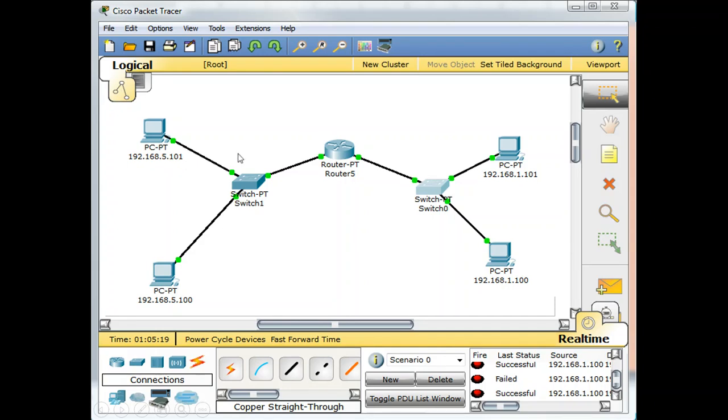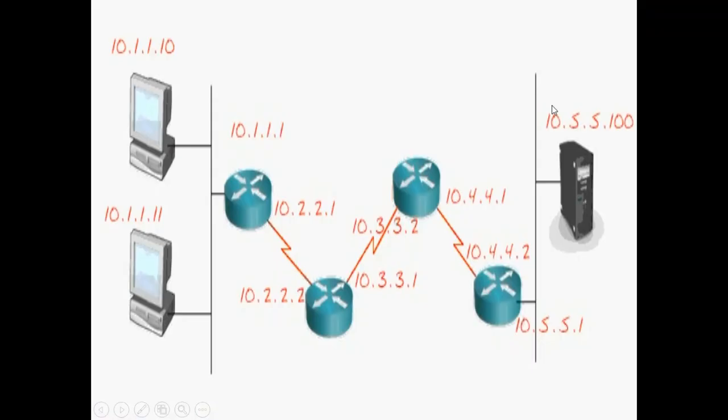And then the default gateway on this side here will be .5.1, because this network here is 192.168.5.0. So this is the 192.168.5.0 network, and this is the 192.168.1.0 network.